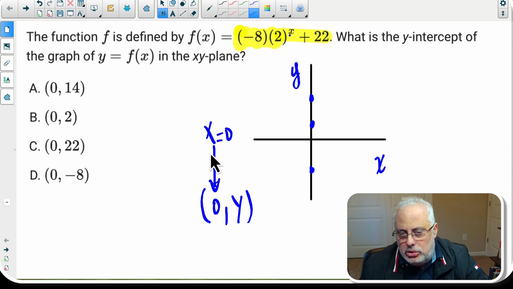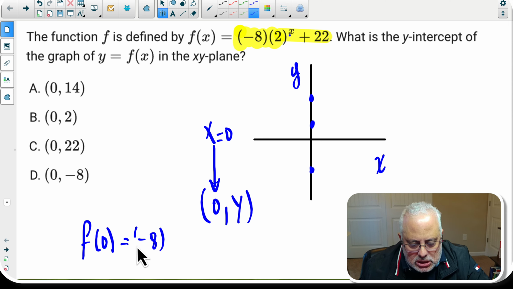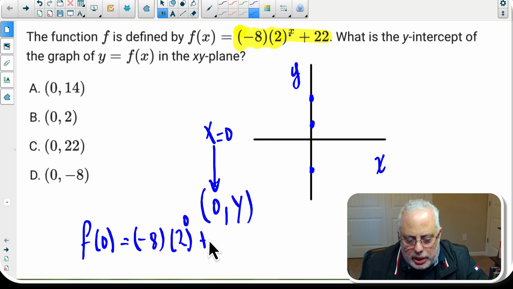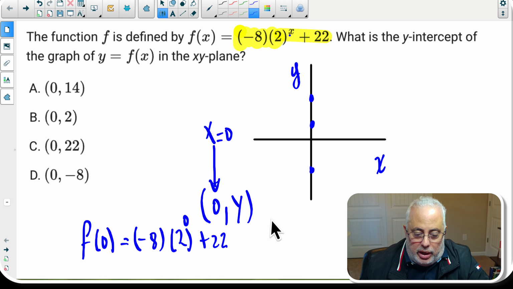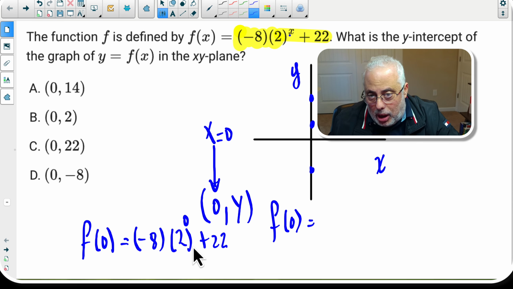And with that information, you can go over the function f and replace the x by 0. So you evaluate the function for 0 and you have -8 times 2 to the power of 0 plus 22. So f of 0 is no more than 2 to the power of 0 is 1.